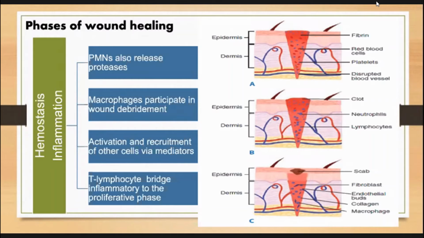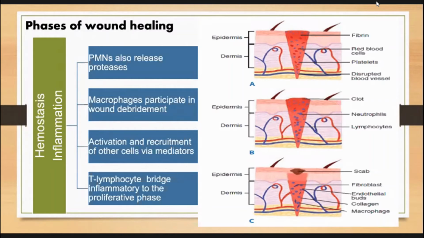Macrophages also play a significant role in regulating angiogenesis, or growth of new blood vessels, which could help speed up the healing process, as well as matrix deposition and remodeling.